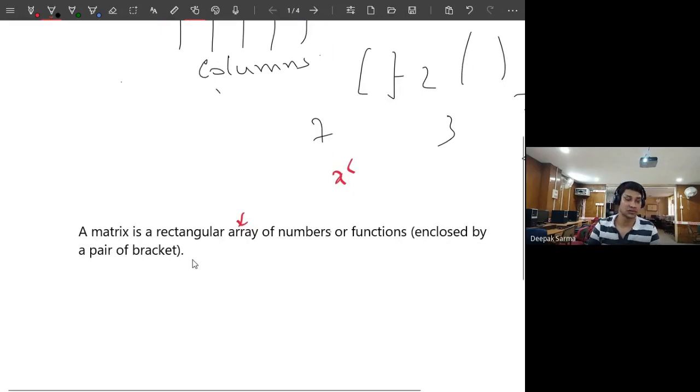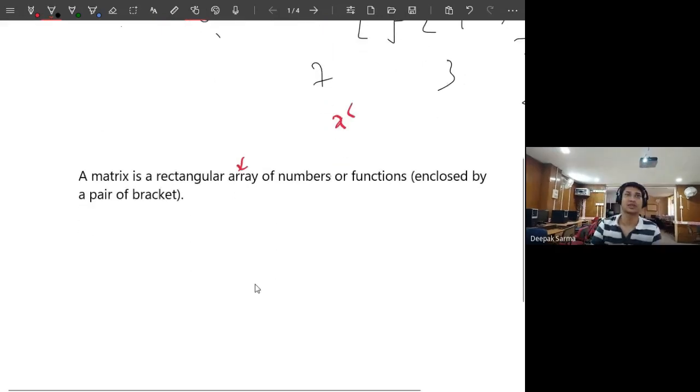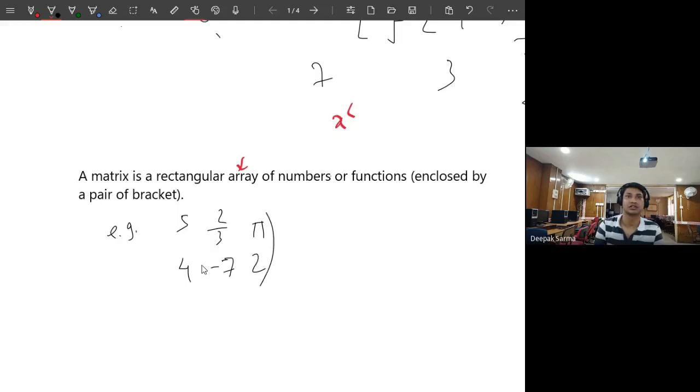Okay. So now if I ask you to give examples, definitely you can write examples yourself. Suppose I write some numbers, suppose 5, suppose 2 by 3, because any numbers are possible. Suppose here pi, all of you know the symbol pi. Suppose 4 minus 7. So this one is also a matrix.